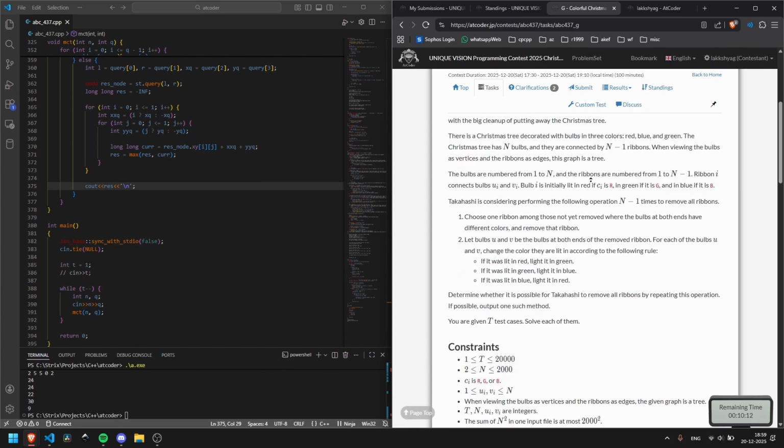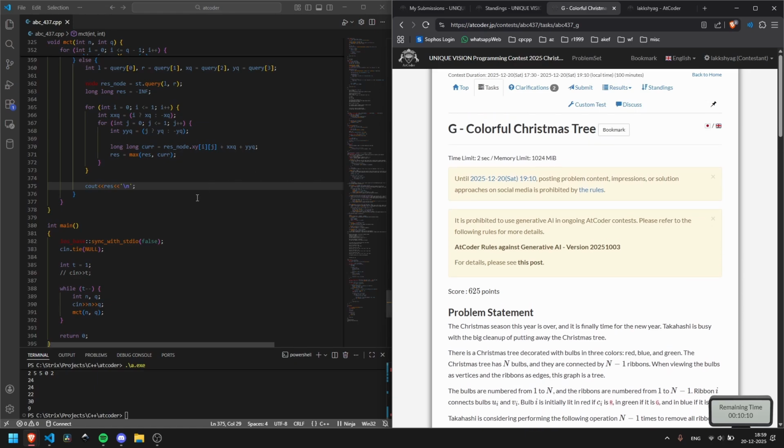Okay. Oh my god, constructive. CCD. Colorful Christmas tree.